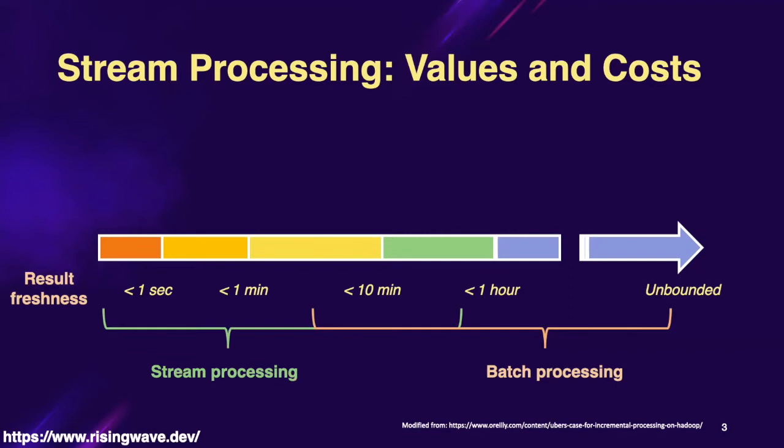So then we have stream processing, meaning that we are always ingesting data into the system, processing it, and reflecting the changes of the data, or the changes of the state, in the query result. By doing so, we can have really fresh results, at second-level latency.